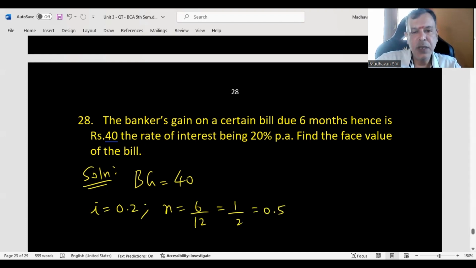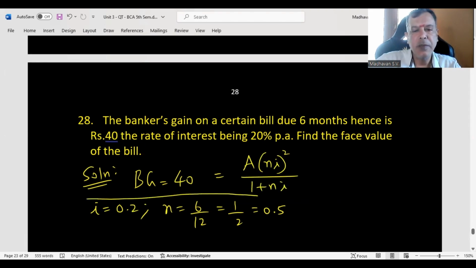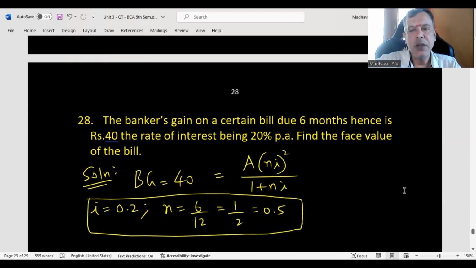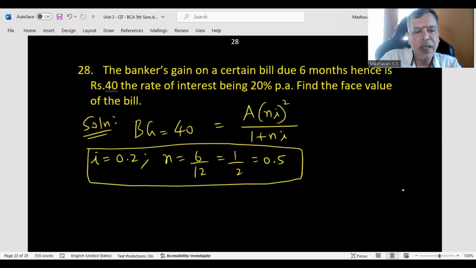Now, BG is given, and we know BG is A into Ni the square divided by 1 plus Ni. These are the values available. Now, based on these values, our N into I will become 0.5 into 0.2, which is 0.10 or 0.1.